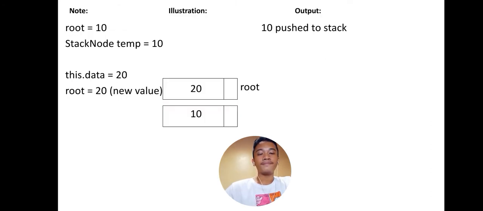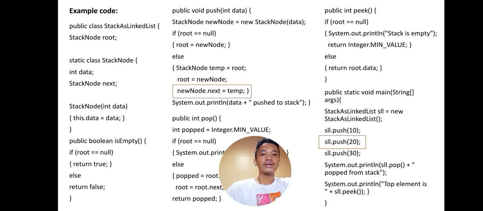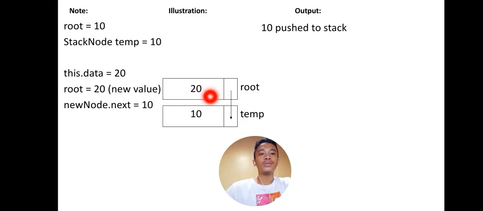So we assign our root now is 20 and our stack node temp is 10. Next, new node dot next is equal to temp, and that will point to the 10. So the new node dot next is equal to 10 will point to the 10.